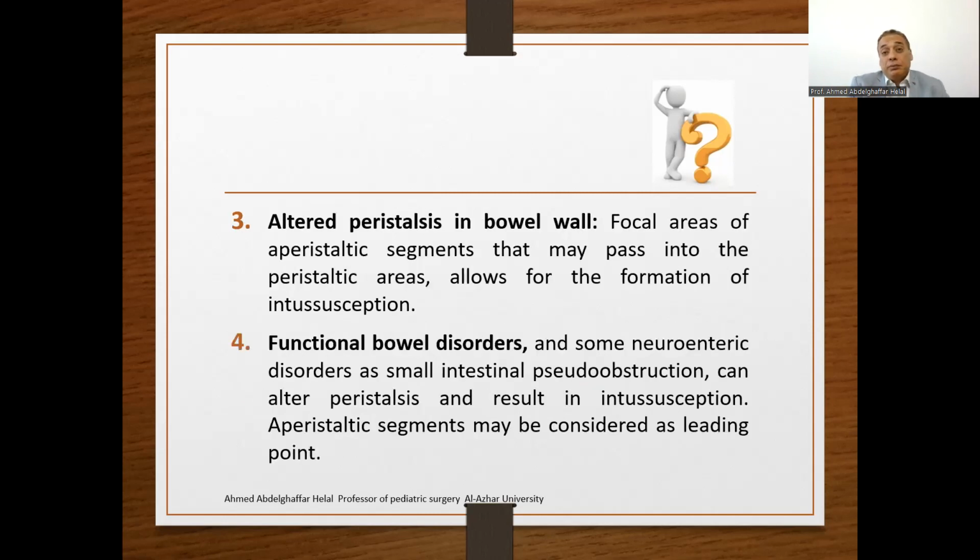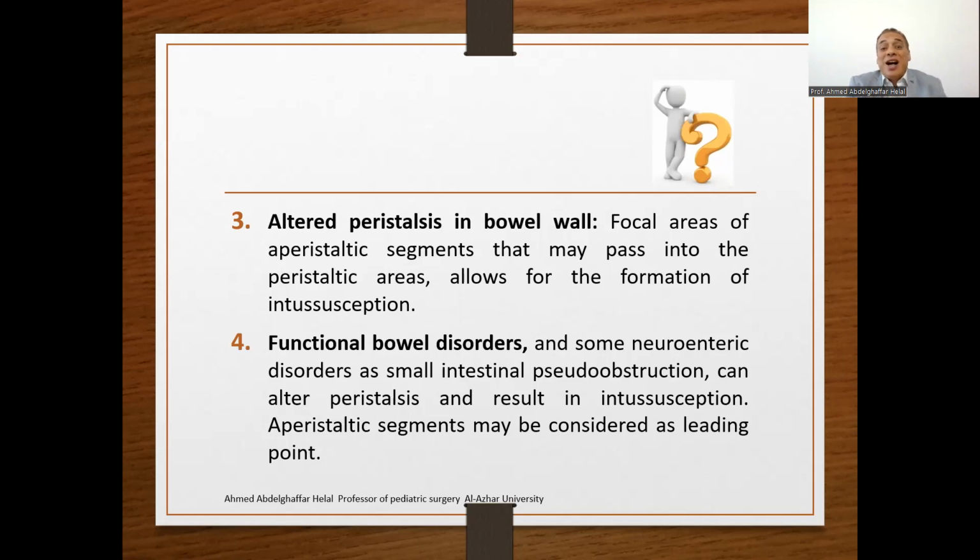Number three, there is maybe altered peristalsis in the bowel wall. We mean that we may have focal areas of aperistalsis, areas in the bowel that don't move. So this area will be faced by the proximal peristalsis, and this aperistaltic segment may be passed or fed into the peristaltic areas surrounding it, leading to the telescoping or the formation of intussusception.